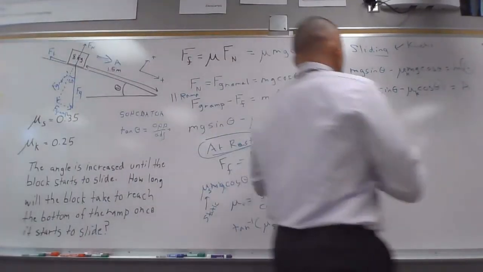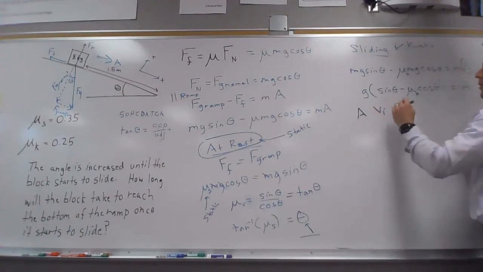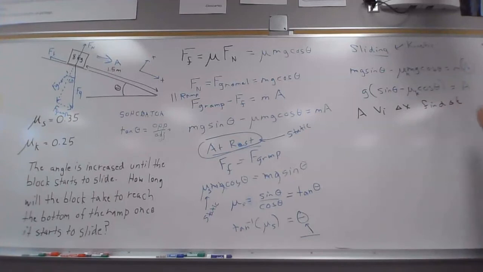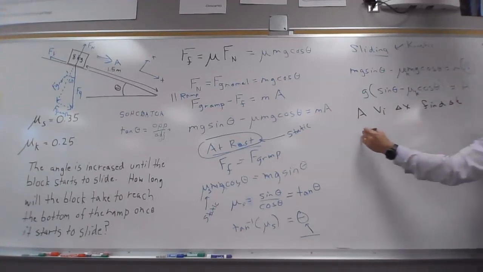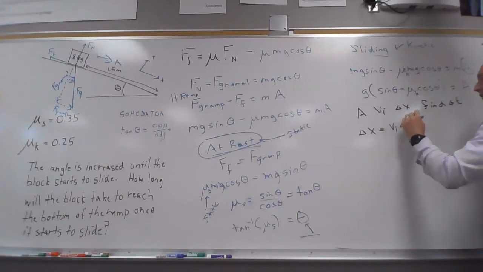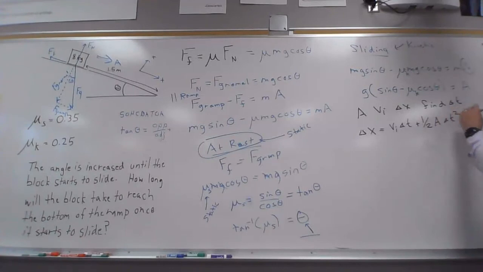And so if we put these together here, if we know a, we know v_i, we know delta x, and we're trying to find delta t, or how much time goes by, it's pretty easy to see that we're going to use our equation. Delta x equals v_i delta t plus 1/2 a delta t squared. So this term will go away.